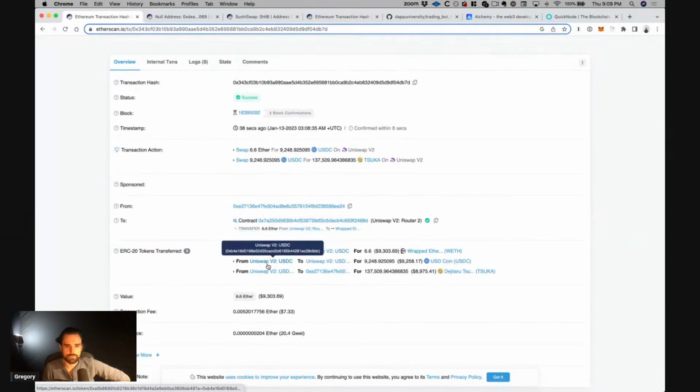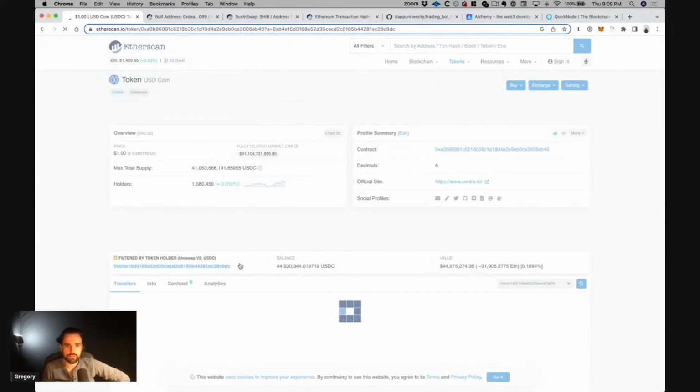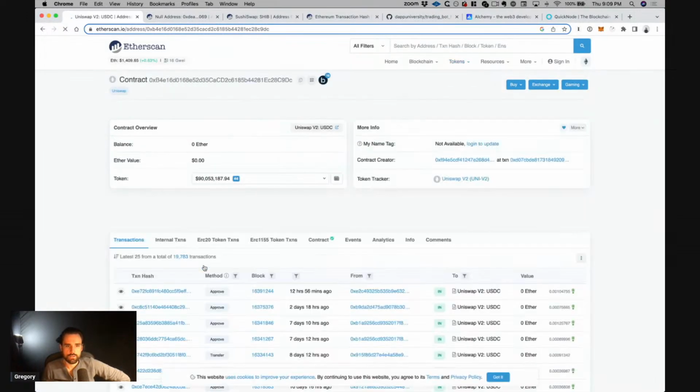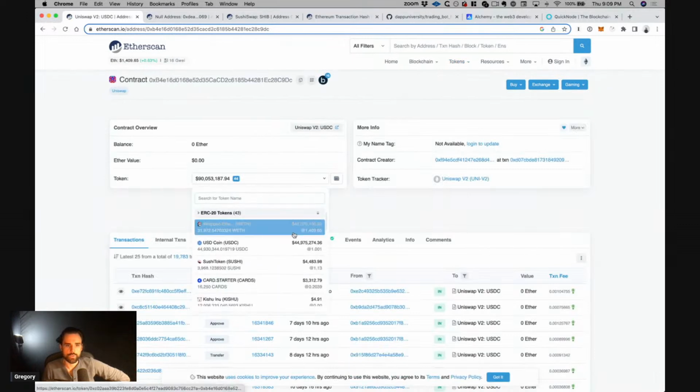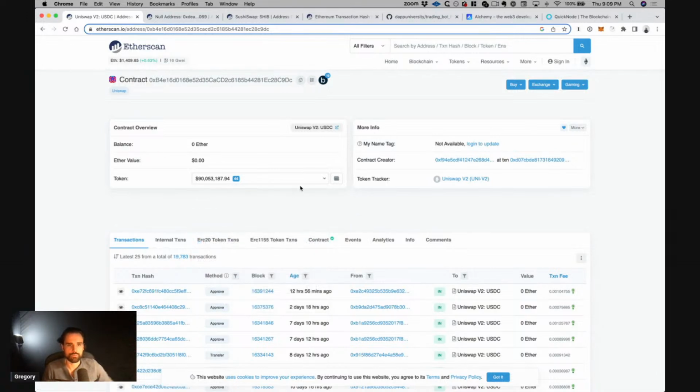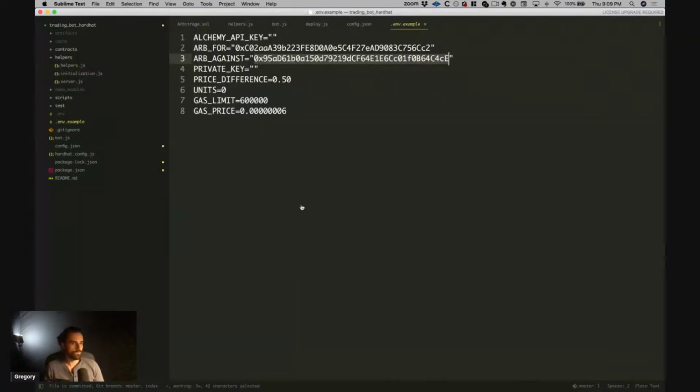You can see this from this Uniswap version 2 USDC. Click on that. And then boom, you have just found the Uniswap WETH pool. It's pretty easy. All right, and you just copy that, and that's your new pool address. And of course, you would put that in your config.json.